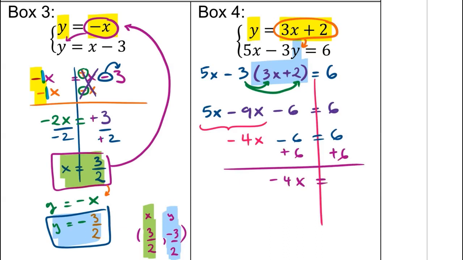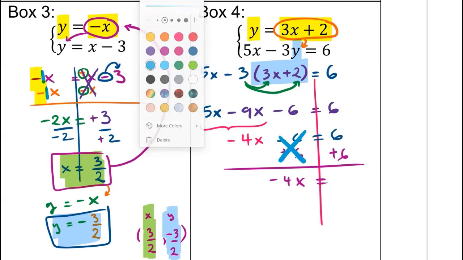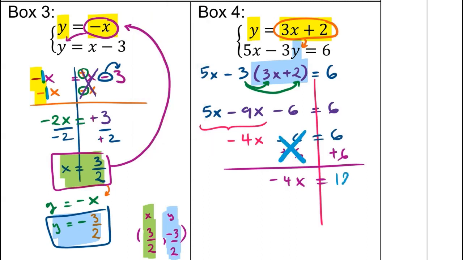Negative 6 plus 6 cancel each other out. 6 plus 6 is 12. To get x by itself, we're going to divide by negative 4 on both sides. x equals 3. I hope somebody just caught my mistake. 12 divided by negative 4 is negative 3. Again, that's one of the common mistakes as well.